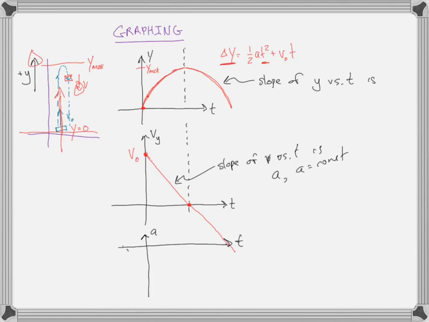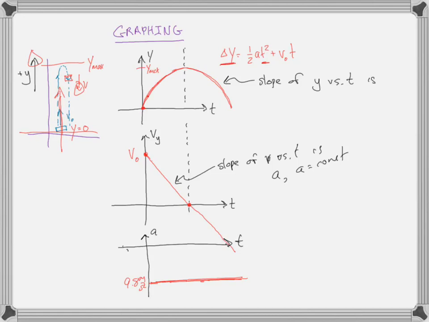The acceleration is negative 9.8, and it's constant. So that's the graph of a versus t. It should be a line with slope of 0 because it's a constant. The fact that the slope of v versus t is a, and the fact that the slope of v versus t is a constant, means that a is a constant and it doesn't change. Okay, I've said that enough times. There's your graphs of position, velocity, and acceleration versus time.